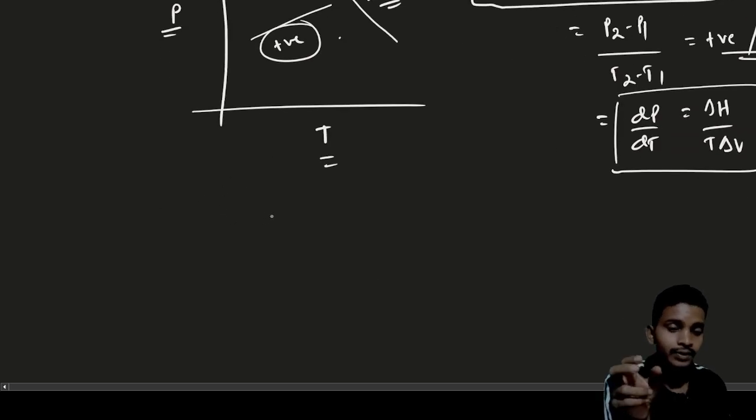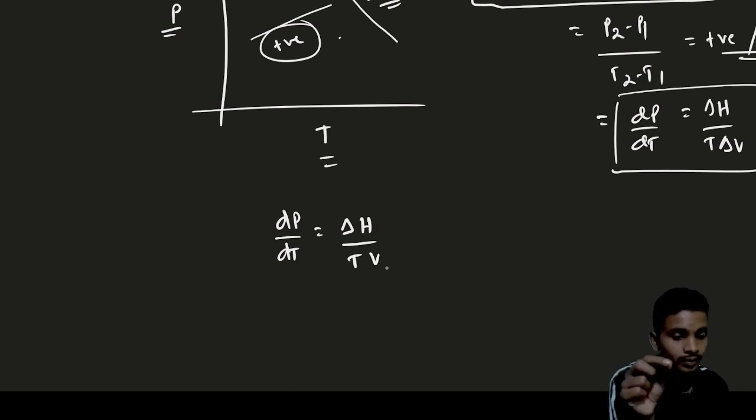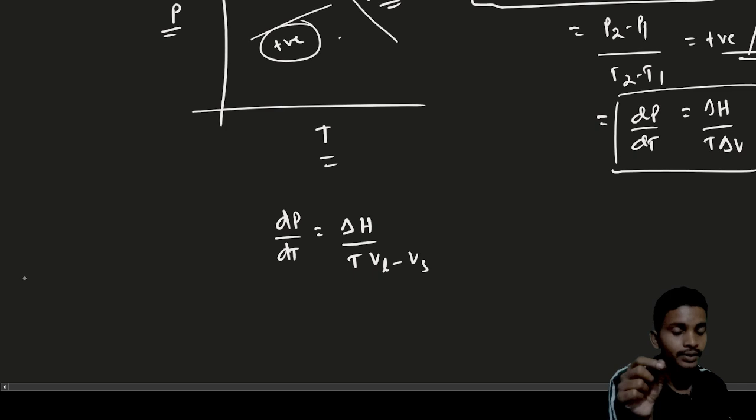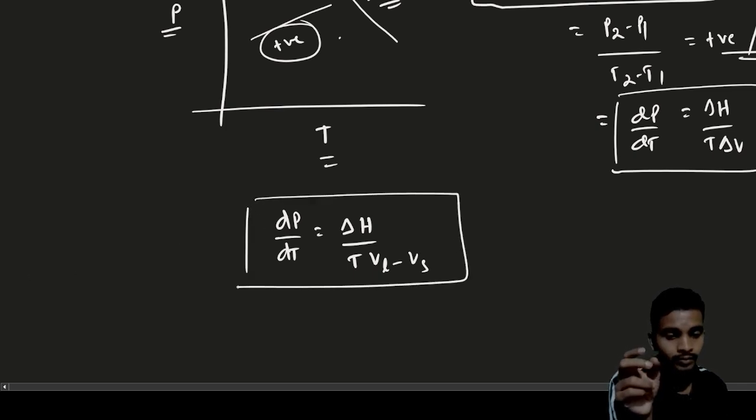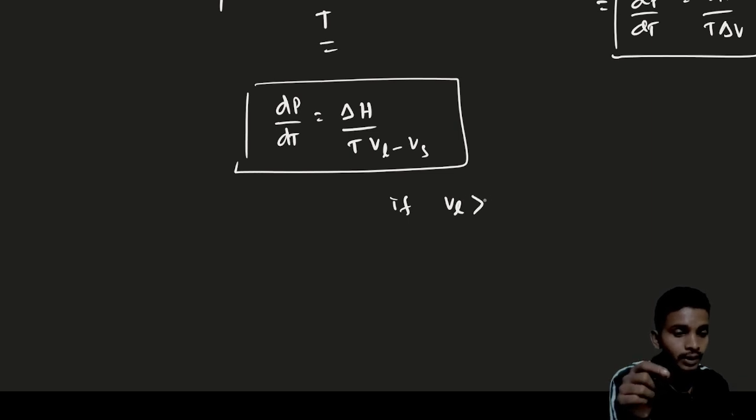And what the Clapeyron equation says is that dP by dT equals ΔH over TΔV, and this ΔV is, let's say, V of liquid minus V of solid. And if V of liquid is greater than V of solid, then V of liquid minus V of solid is positive.